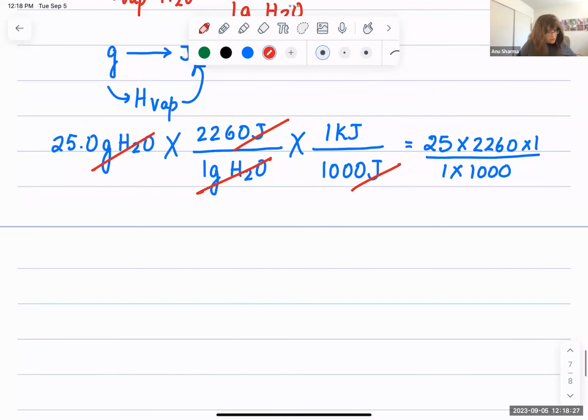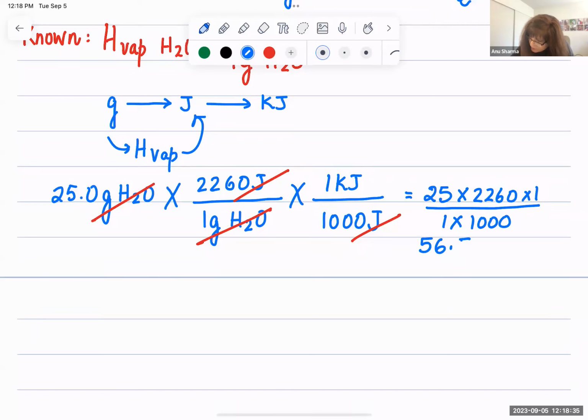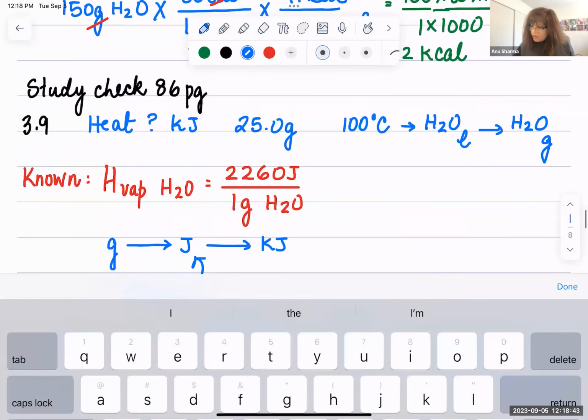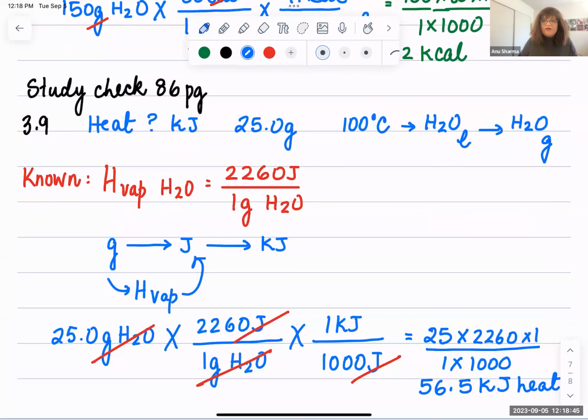And this should give you 56.5 kilojoules of heat. Okay, so this is 56.5 kilojoules of heat. All right, guys. So what they're saying is water from the liquid to a gaseous state produces that much of the heat.